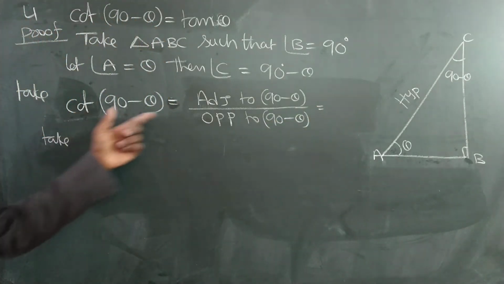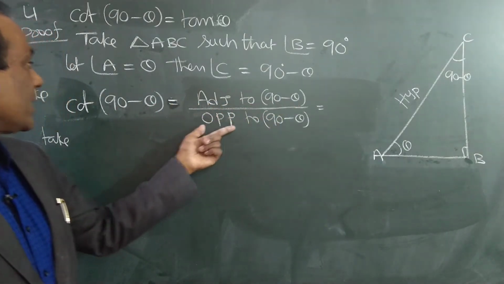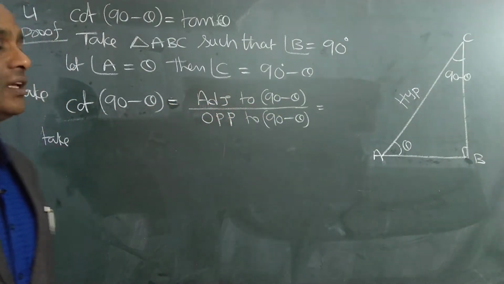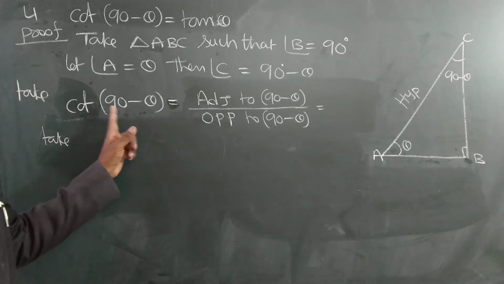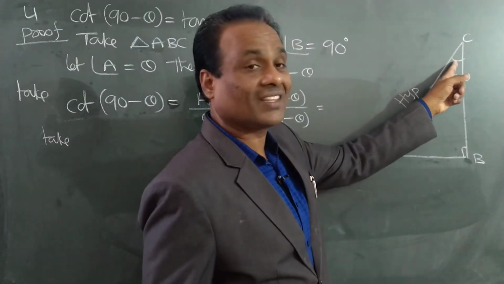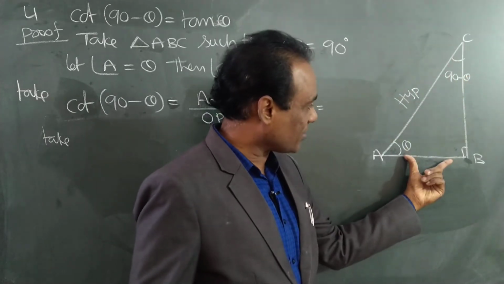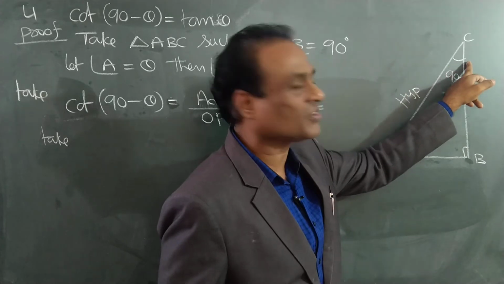Cot definition is adjacent by opposite: adjacent to 90 minus theta by opposite to 90 minus theta. But for this angle, where is that angle? 90 minus theta. For this angle, what is the opposite? AB.